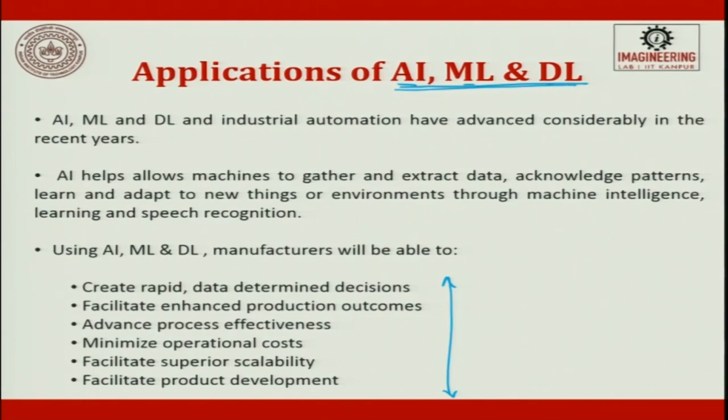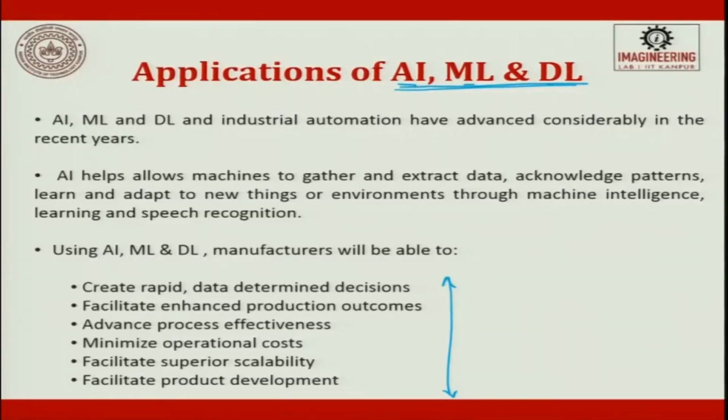If AI can be used in determining what happens after the product is given to the customer, or if it can predict and tell what is the entire product life cycle, then that becomes very useful information for the manufacturing person. Initially, manufacturing was thought of as producing it and giving it to the customer.